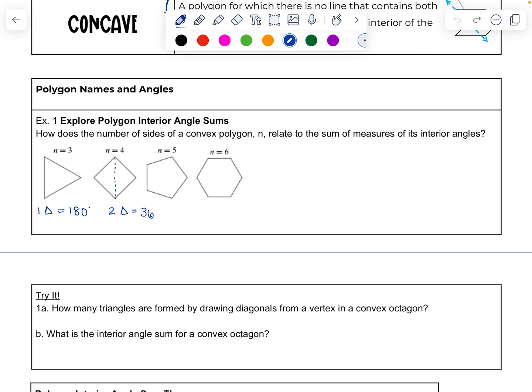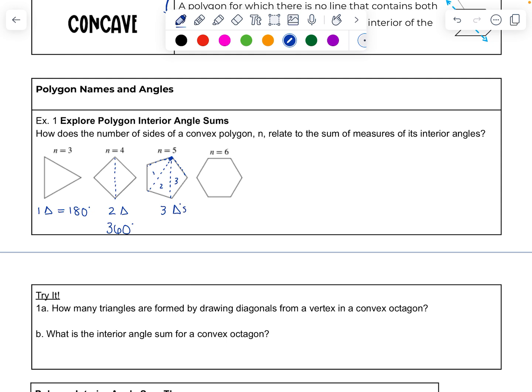Maybe I should put that below it. Okay, so now we have a five-sided shape, which is called a pentagon. If you start at one point and draw dotted lines connecting the corners, basically I'm connecting that one corner to every other corner in the picture, that created 1, 2, 3 triangles.